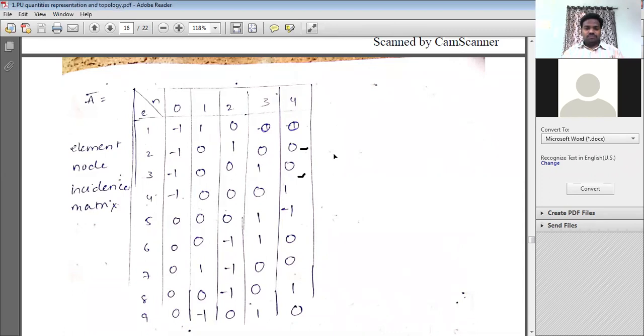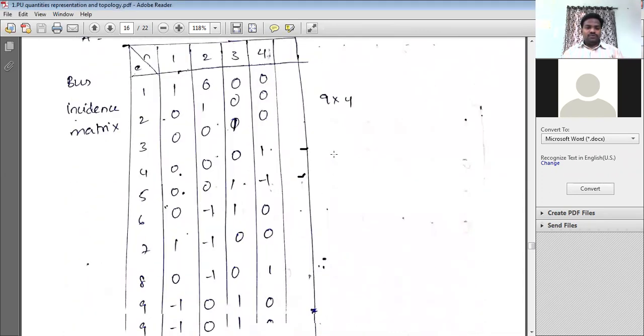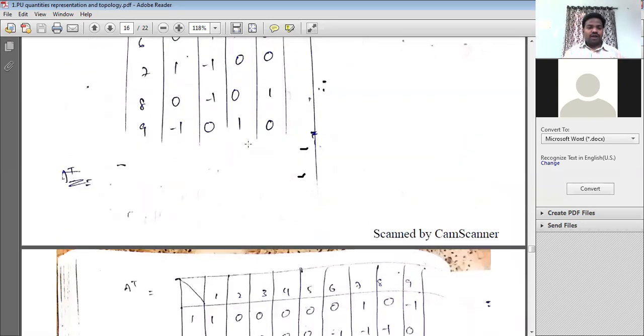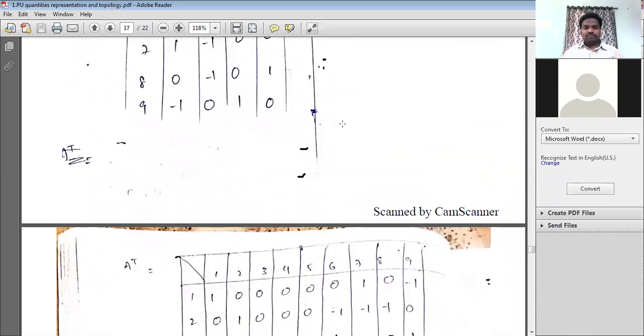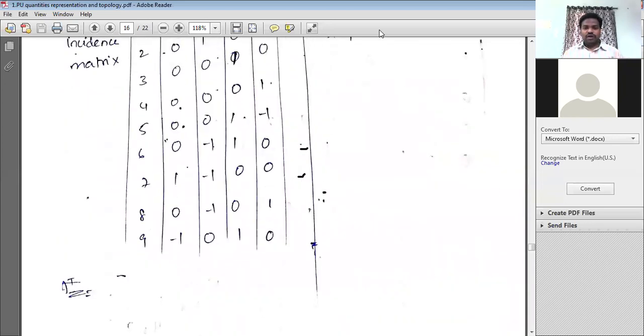Now see here. I have eliminated the column which corresponds to the reference node. So this is the bus incidence matrix A of size 9 by 4. After obtaining the bus incidence matrix, the next step is to form Y bus.